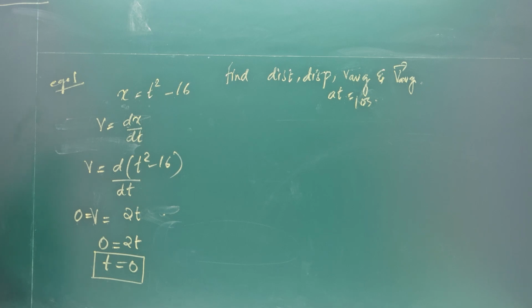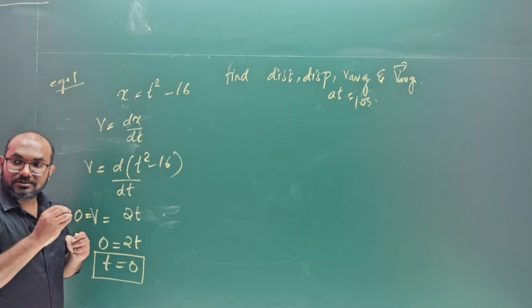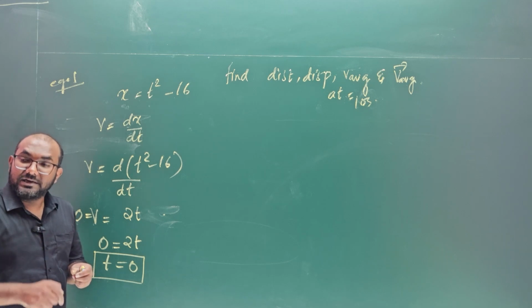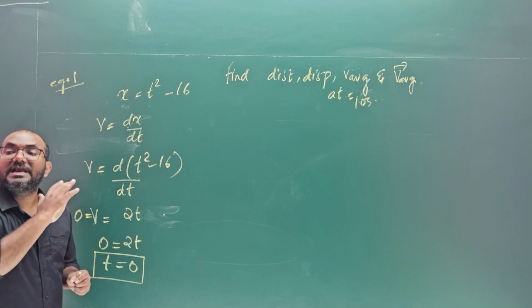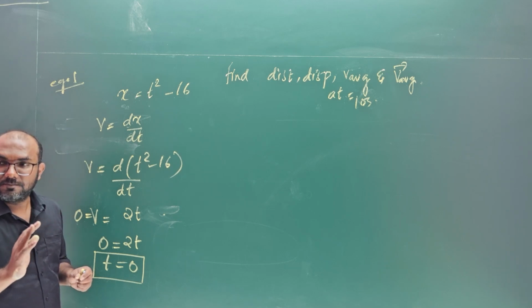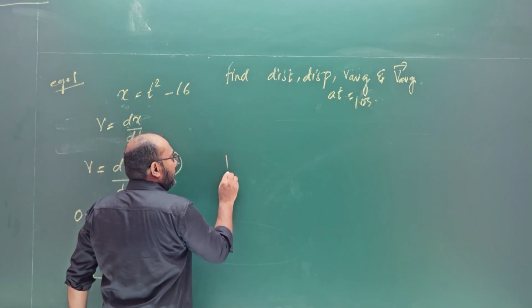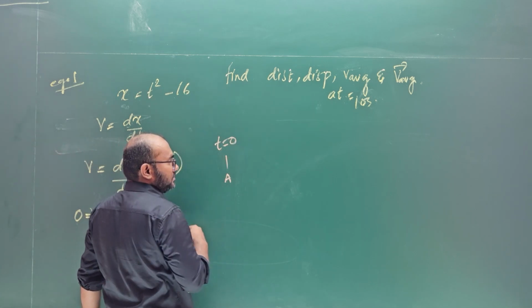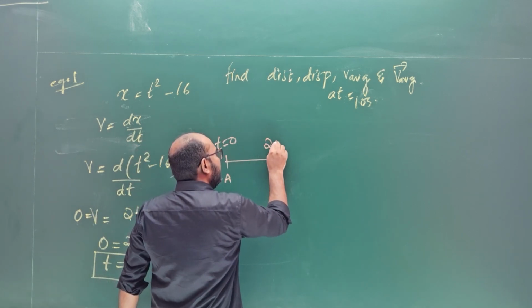At t equals 0 seconds, when the body started, only then its velocity is 0. Once the body starts to move, its velocity never becomes 0. For example, a body started from point A at t equals 0 seconds, moving with a velocity of, let us say, 20 meters per second.